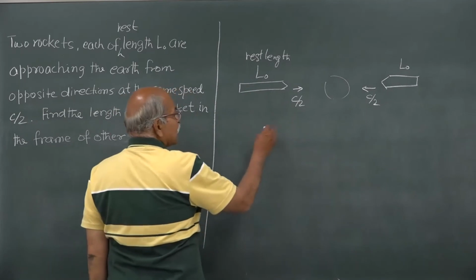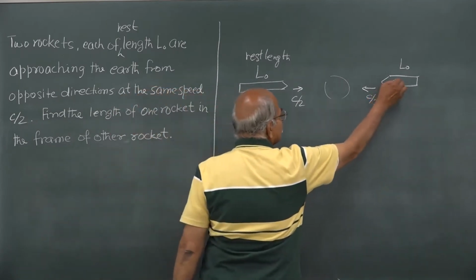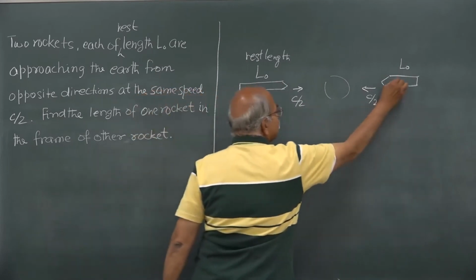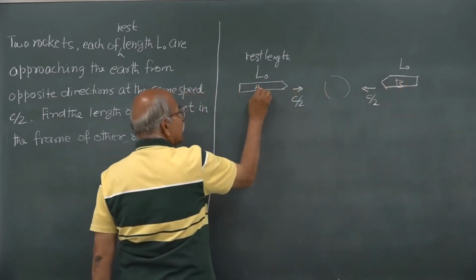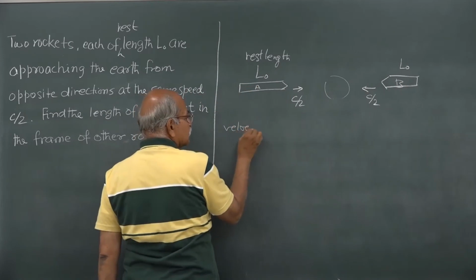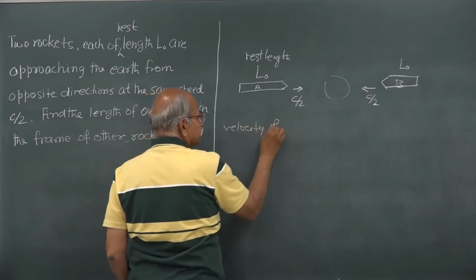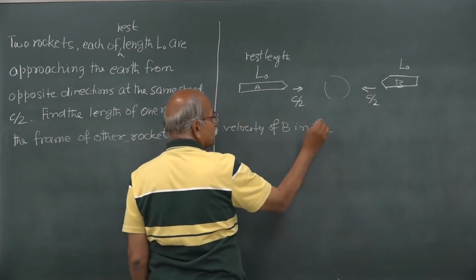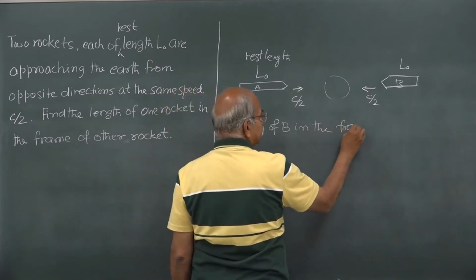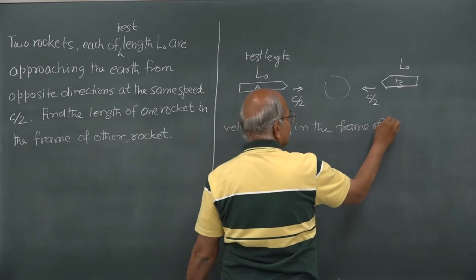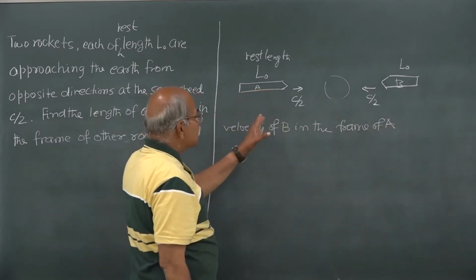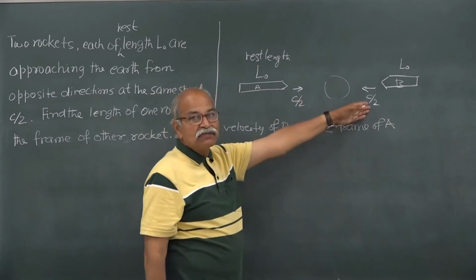Okay, so first we calculate the velocity or the speed of this rocket with respect to this one. If I call it B, if I call it A, then velocity of B in the frame of A, or with respect to A. If it is Galilean transformation, it will be c by 2 plus c by 2 equal to c.